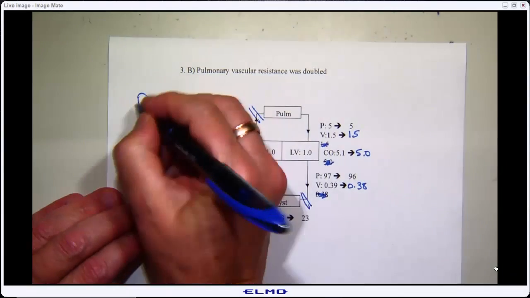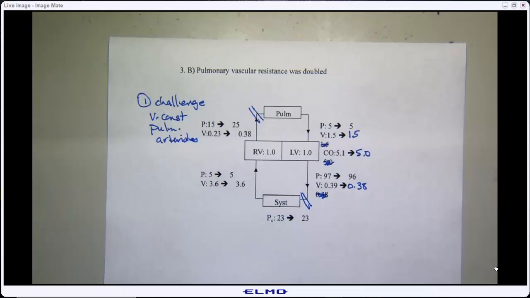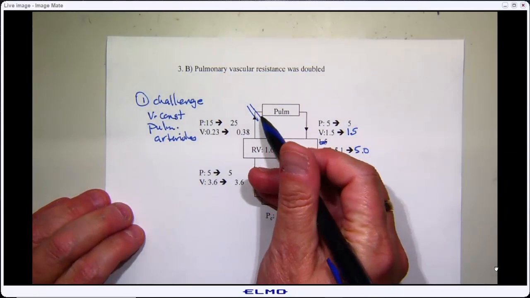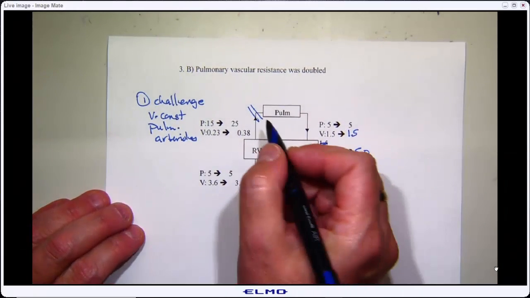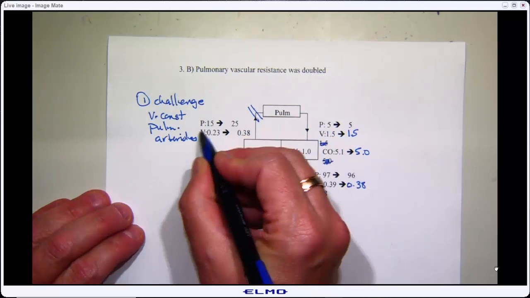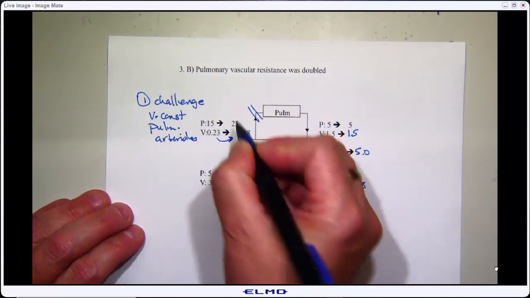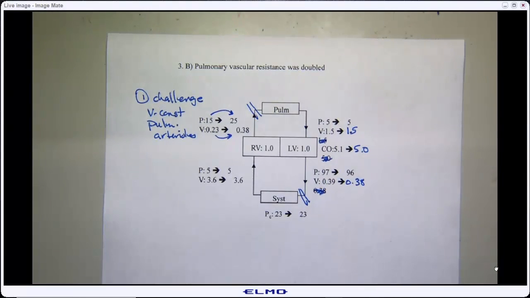All right, so here's our challenge. Vasoconstriction. And as we would predict, we're going to see then above the constriction an increase in volume and an increase in pressure. Okay, we see that. But then when you look elsewhere, like nothing happened. Nothing happened.